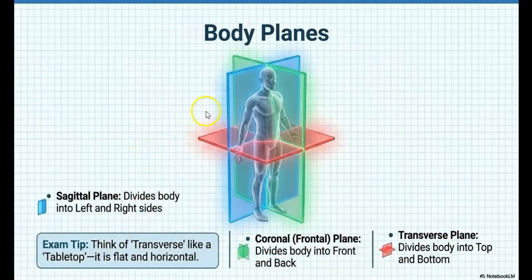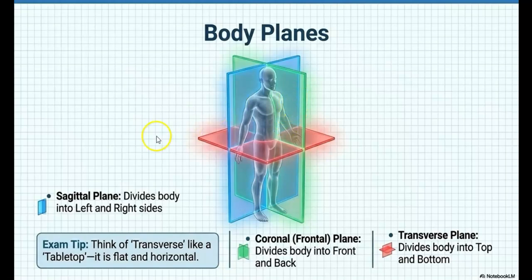Now let's understand body planes. Body planes are imaginary flat surfaces that divide the body into different sections. These planes help doctors study anatomy and interpret X-rays, CT scans, and MRI scans.